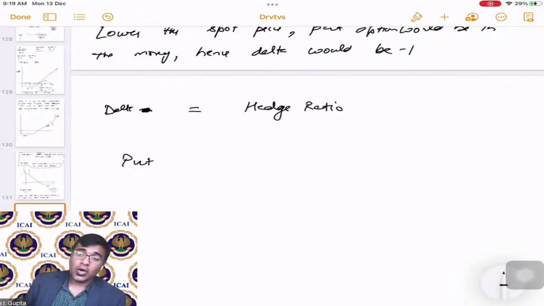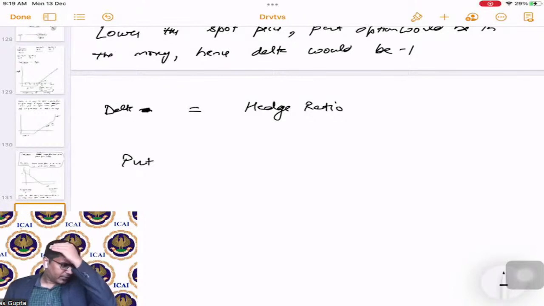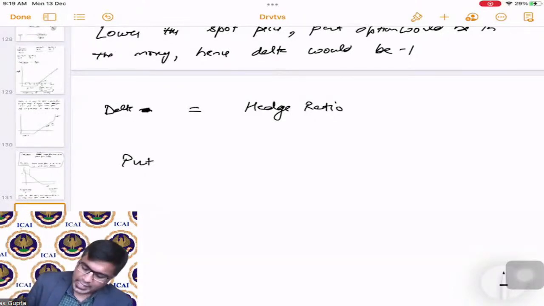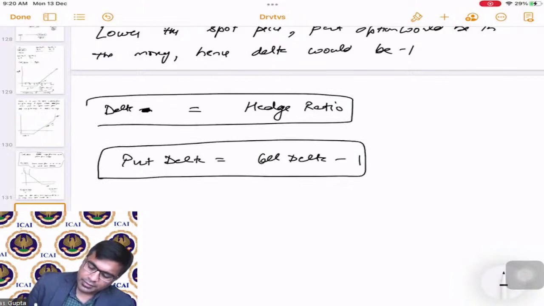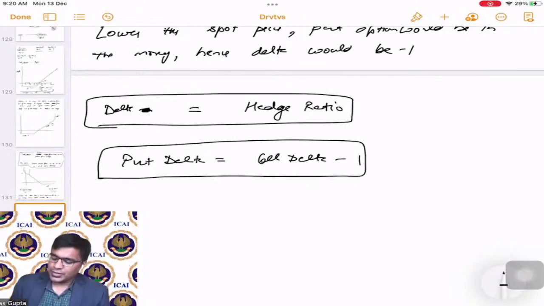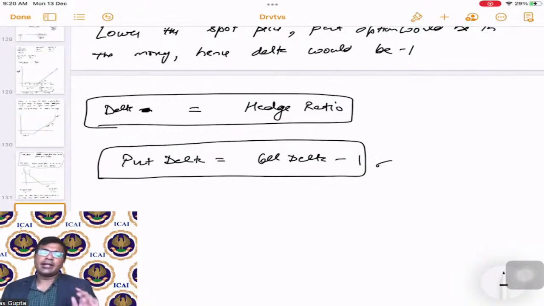Yes, because put delta is equal to call delta minus 1. These are just mathematical derivations. So put delta is equal to call delta minus 1, and delta is nothing but the hedge ratio.